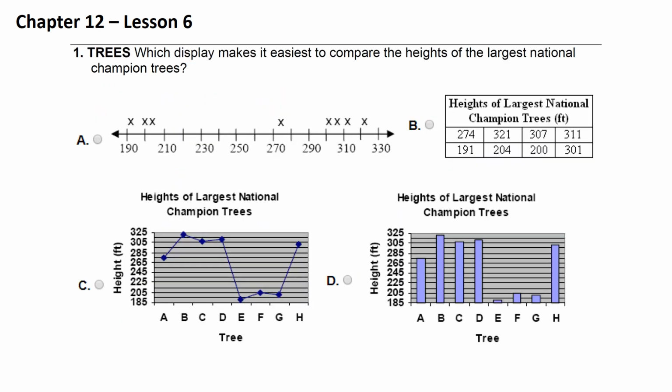Chapter 12, Lesson 6, Question 1. Which display makes it easiest to compare the heights of the largest national champion trees? A, B, C, or D? Now, I'm going to eliminate C right away because a line graph shows change over time.